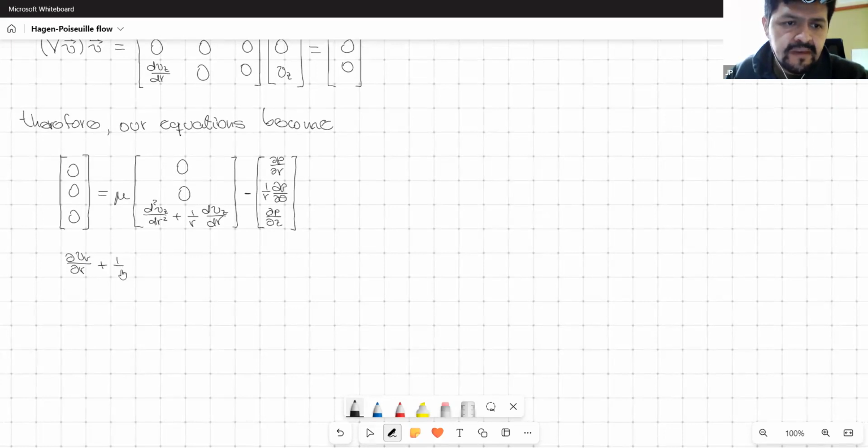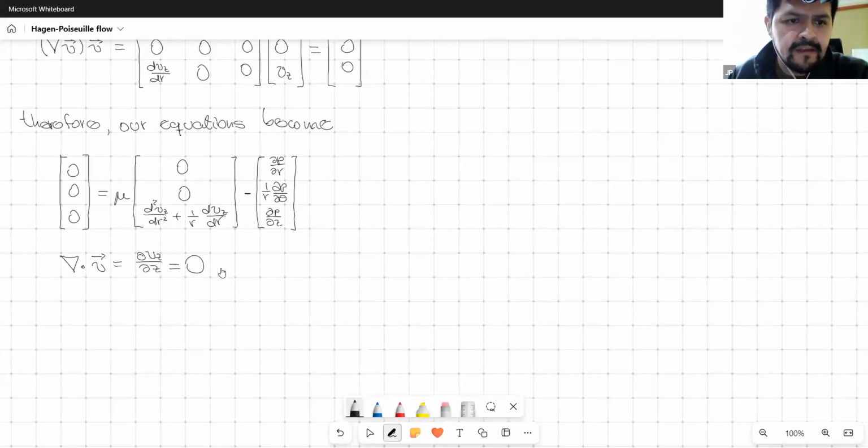Another term will be the, well, we don't even need to write this down. I should have said that before, because all we need to say is that the only term which should be taken into account is this, but we know that this velocity term does not depend on z, so that's 0.